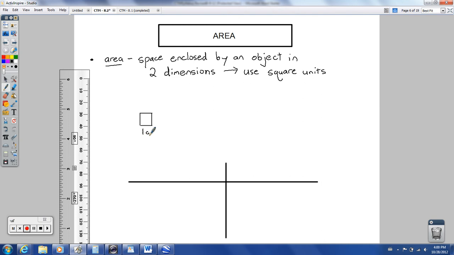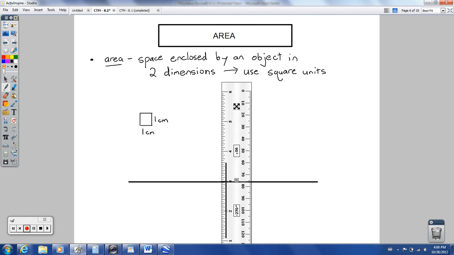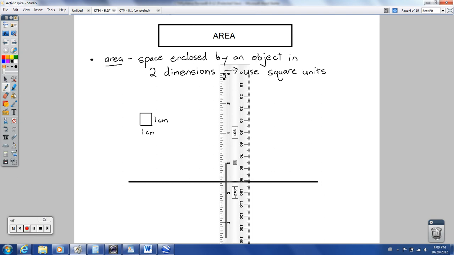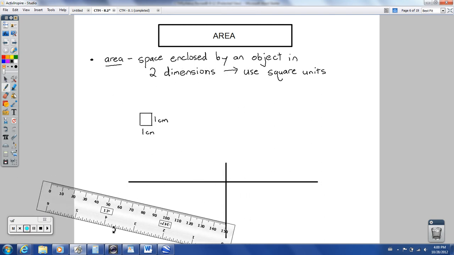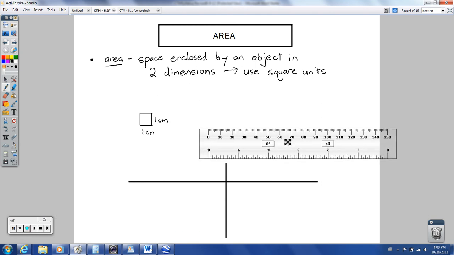This was 1 centimeter by 1 centimeter when we drew that. Now I want you to draw something that's 2 centimeters by 2 centimeters. So take your ruler, do the same sort of thing that we just did there, but make it 2 centimeters by 2 centimeters. So I'm going to take this, not that far, there we go.